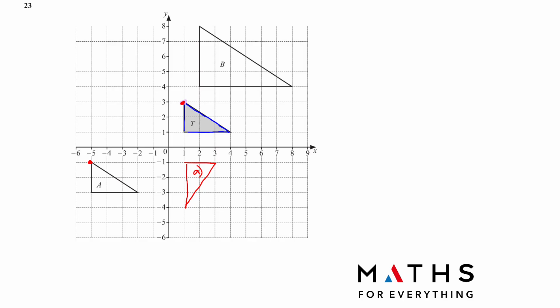Now, you need to know that when you are shifting, let's say this point is moving to the left by how many units? 6 units. Because it moved to the left, it will be negative.